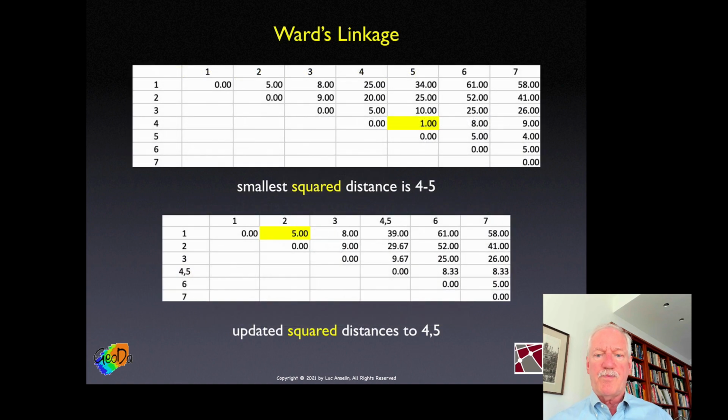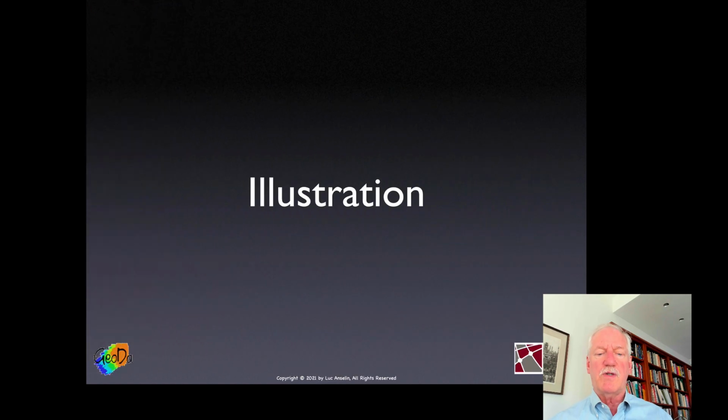So the calculations are a little more complicated. Note these are square differences, but still 4 and 5 are the first one, and then the new distances are computed using this weighted average. You can find the specific worked out example in the notebook. So those are the principles. These are the 4 linkage functions.